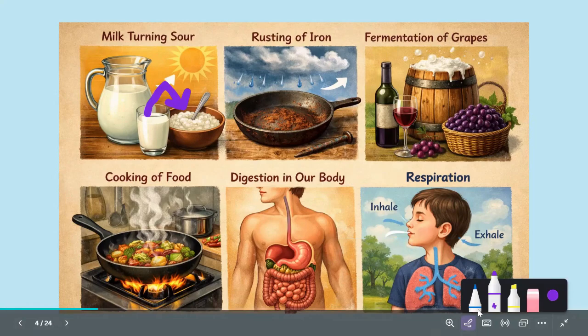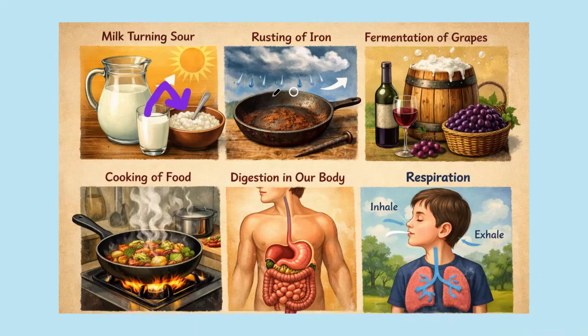Same for rusting of iron. Iron was there, and due to the environment, due to the moisture and air, it changed into rust. Fermentation of grapes: we take grapes, turn them into juice, and then ferment it, and we get something new.